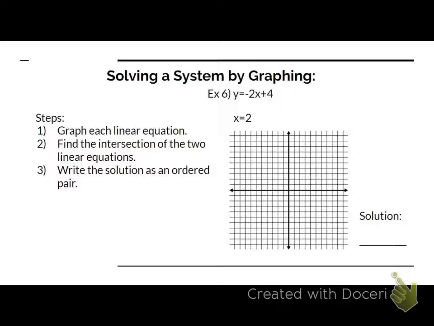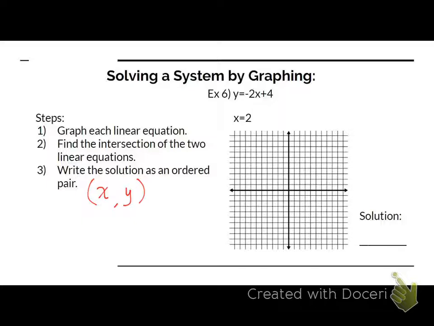Step 3, very important, write the solution as an ordered pair, meaning it's written in parentheses with a comma in between. Goes x, comma, y. So those are the steps we're going to follow over and over and over again to do these problems.